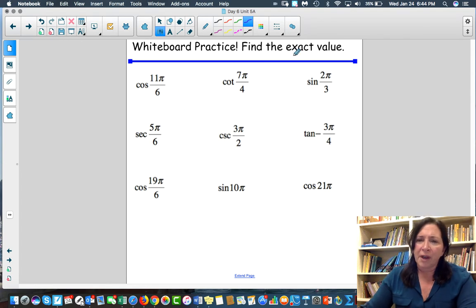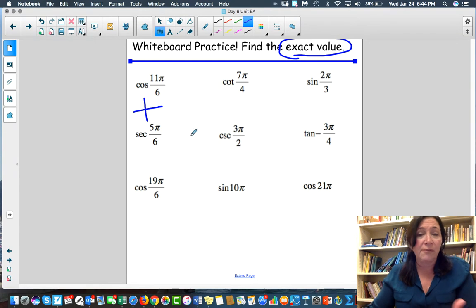Our job is to find the exact value of cosine of all these values. So cosine of pi over 6. Now, it is not a bad idea to draw a little axis for every one of these problems if you need to. 11 pi over 6. Think about that. Where's 11 pi? So that's 1 and 5/6. If you think about it, we're in radians.